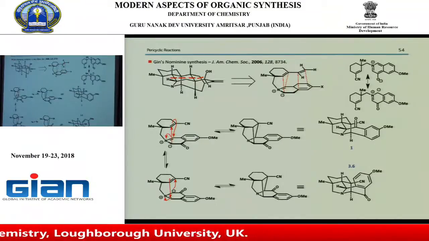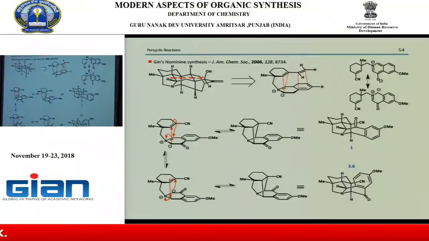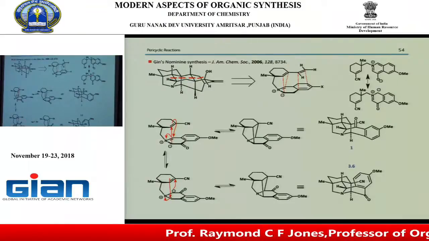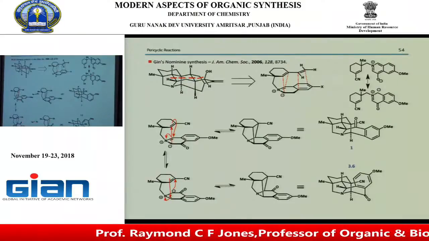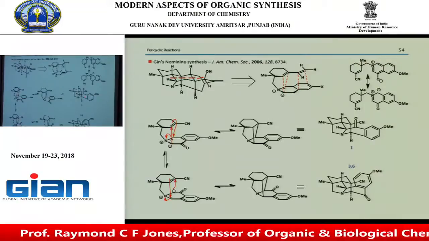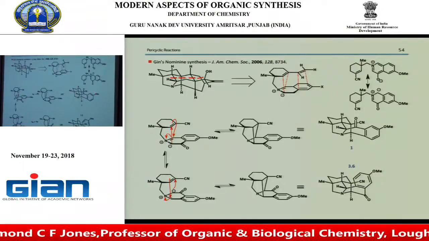Okay, so I didn't explain that all that well, because I got it back to front slightly. But a dipolar cycloaddition is going to be followed by a Diels-Alder cycloaddition. So make a dipole, do the cycloaddition. You don't get complete control of regiochemistry, but you get some of what you want to go forwards.